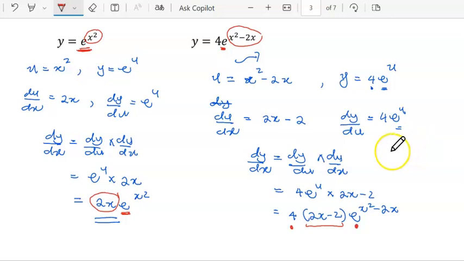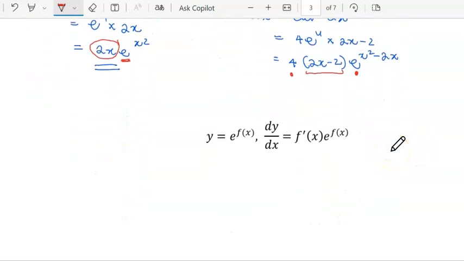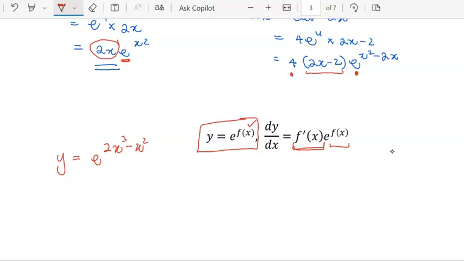That means we can make a conclusion and say, if you're looking for any derivative of a function in terms of exponential, your answer is going to be the derivative of the function on the top, that's the power of the e, multiplied by the function itself. That means if I have, say, y is equal to e to the power of maybe 2x cubed minus x squared, the derivative is something very simple here.